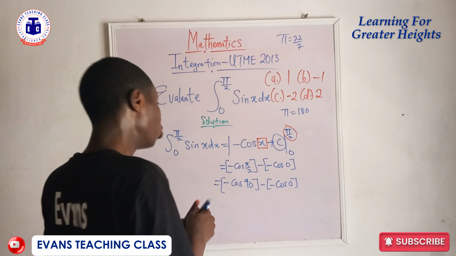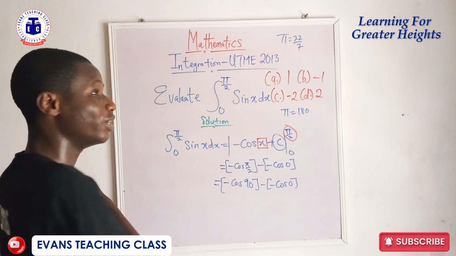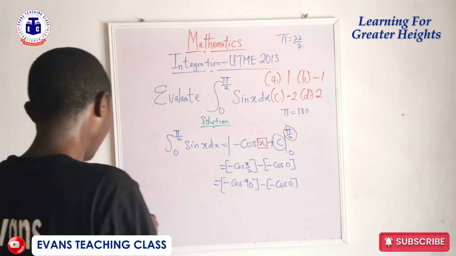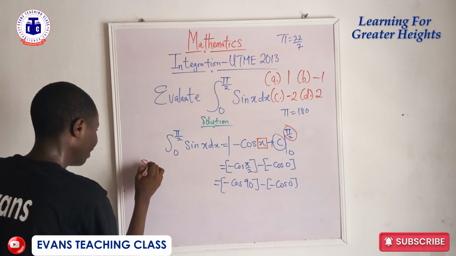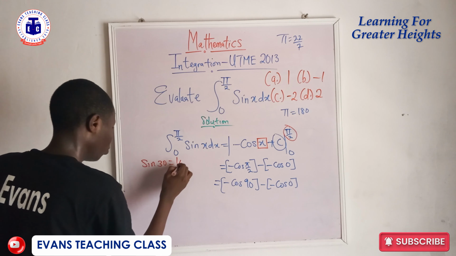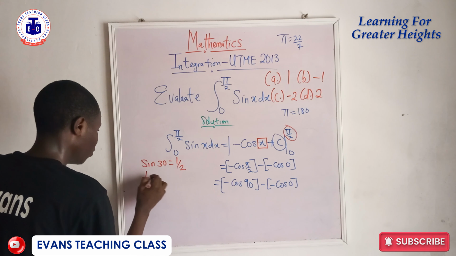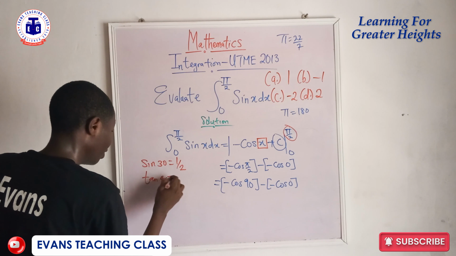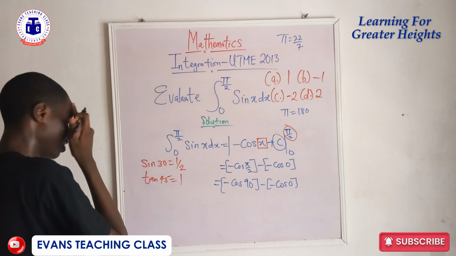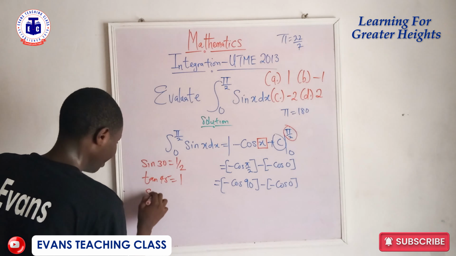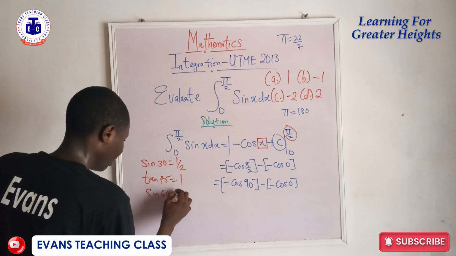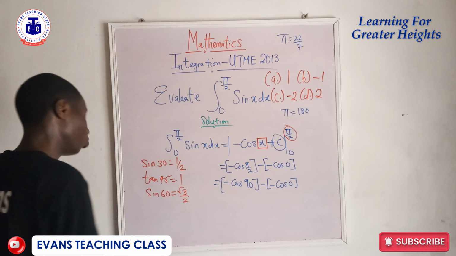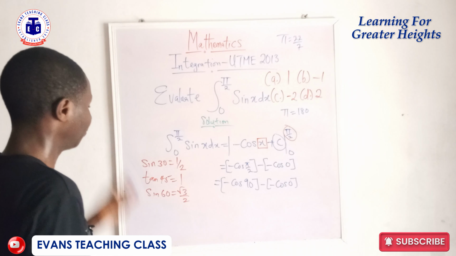Now you need to know some special angles. You need to be able to know them offhand. Let me just give you some of them. Sin 30 is 1/2. I cannot say everything offhand because it's been long since I did them. Sin 60, I think that will be root 3 over 2. I can still remember.